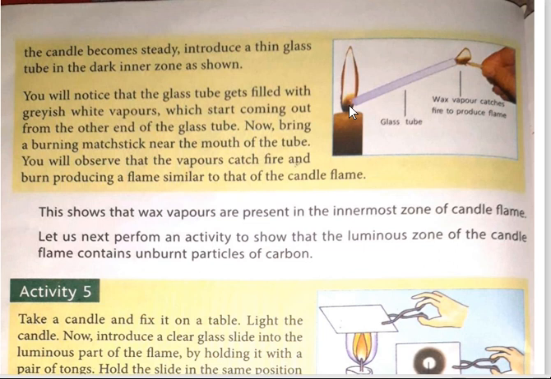As vapors are formed here, they come through this pipe, and at this end we burn a matchstick. The gas coming out through the pipe burns with the help of the matchstick. This shows that wax vapor is formed here.